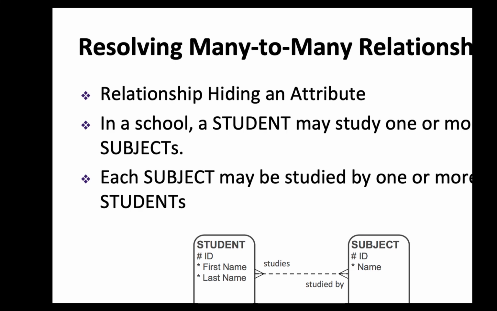Like we have student, we are storing ID, first name, last name, and then subject ID, name, right? The teacher. Okay, so instructor, that could be another. Definitely we do require an entity, right? But let's assume we are not storing teachers' information, so we are only considering the student entity and the subject entity.